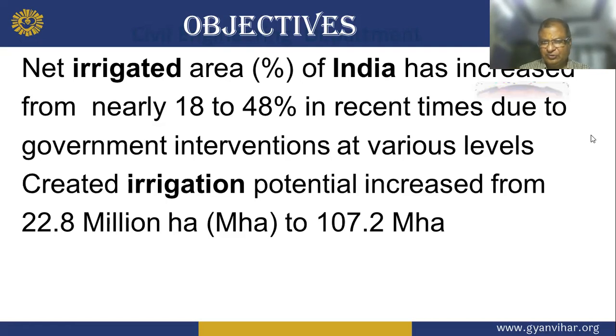Created irrigation potential increased from 22.8 million hectare to 107.2 million hectare.